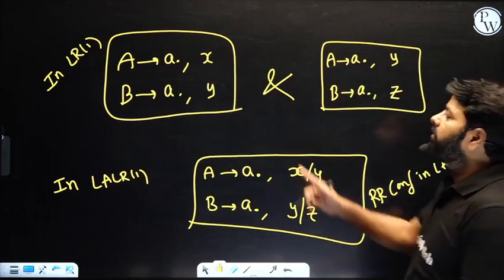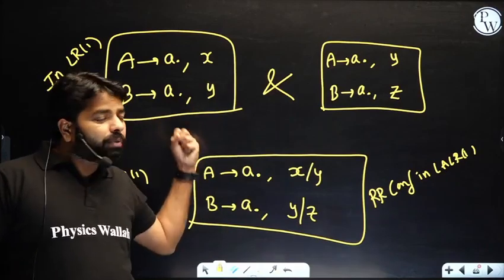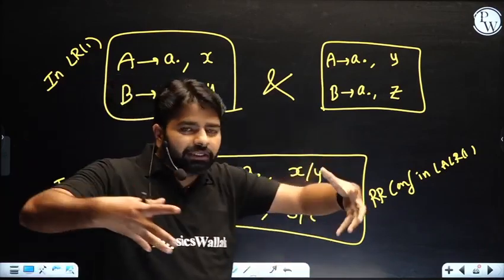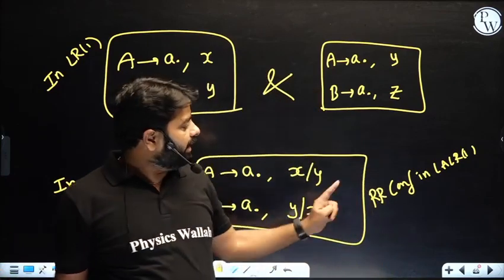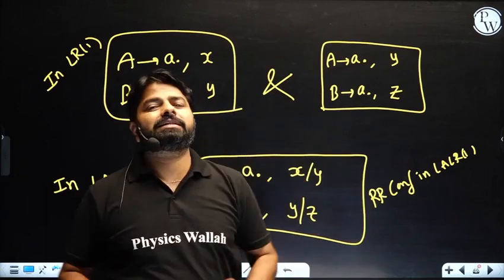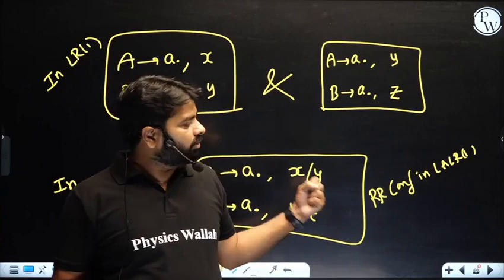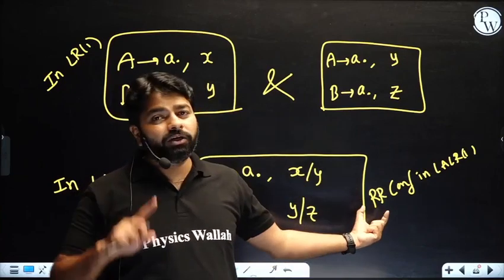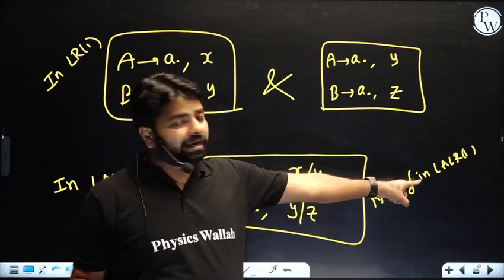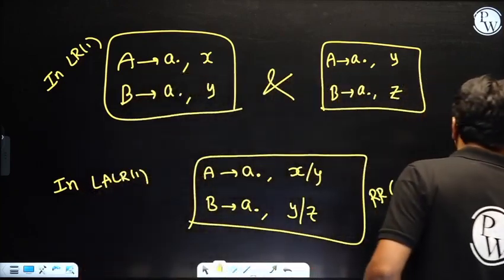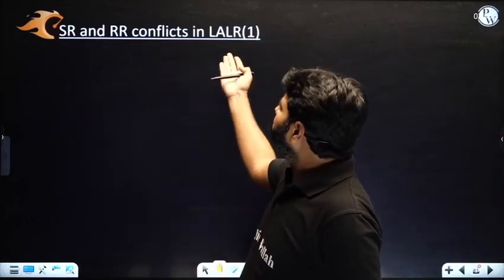There is no RR conflict in CLR1, but you got an RR conflict. That means when you combine the states of CLR1, there is a possibility of an RR conflict in LALR1, but you will never get an SR conflict. This point is very important for the exam, so you can note it down. You may get RR, but you will never get an SR conflict in LALR1 when you combine the states of CLR1. How do you check? Same.